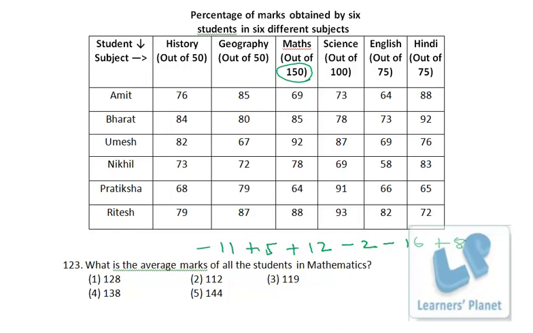Okay, so this is minus 11 and 12, that is 1, 1 and 5, 6 and 8, 14, 14, and this is 18. So the difference is minus 4 by 6. So it is 2 by 3. That means the percentage is actually 79.33%, right? Average percentage in mathematics 79.33, right?